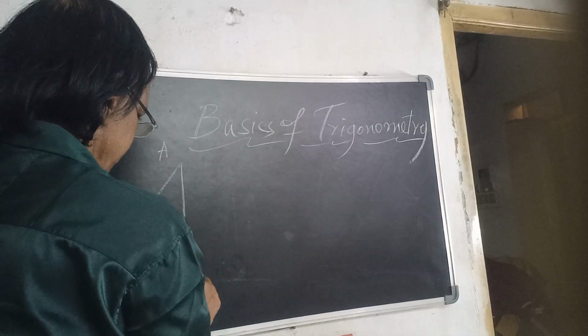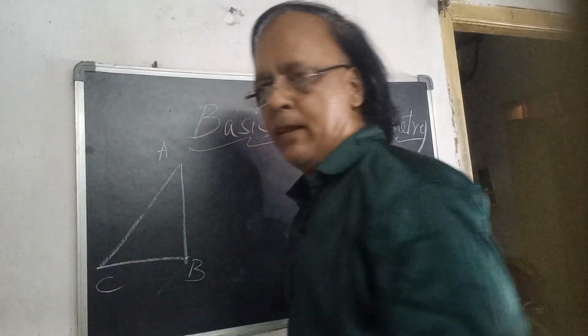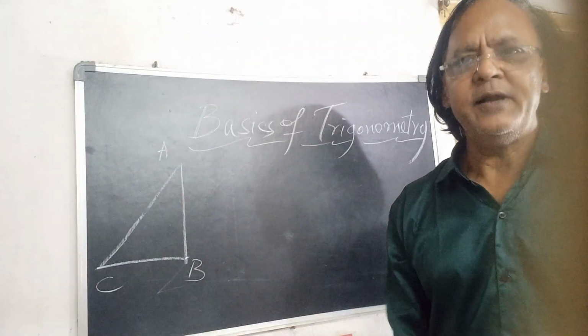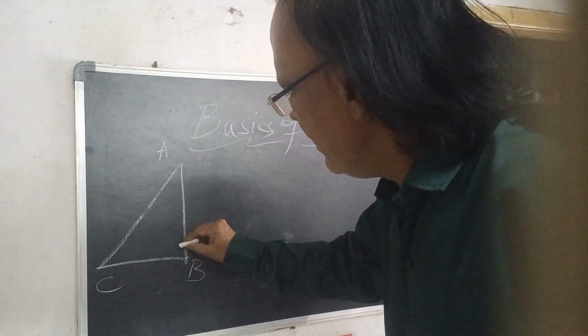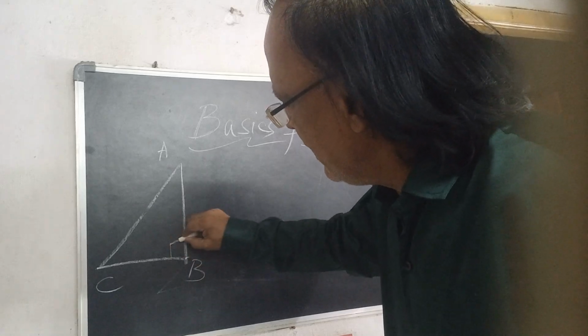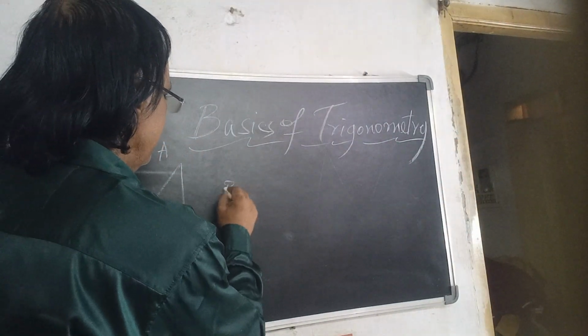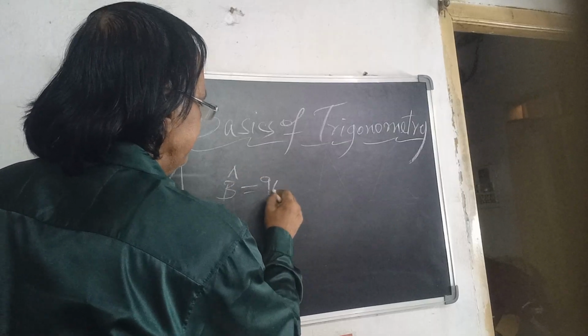A, B, C. See this figure. Suppose ABC is the right angle triangle, then angle ABC, this angle B, is equal to 90 degrees.